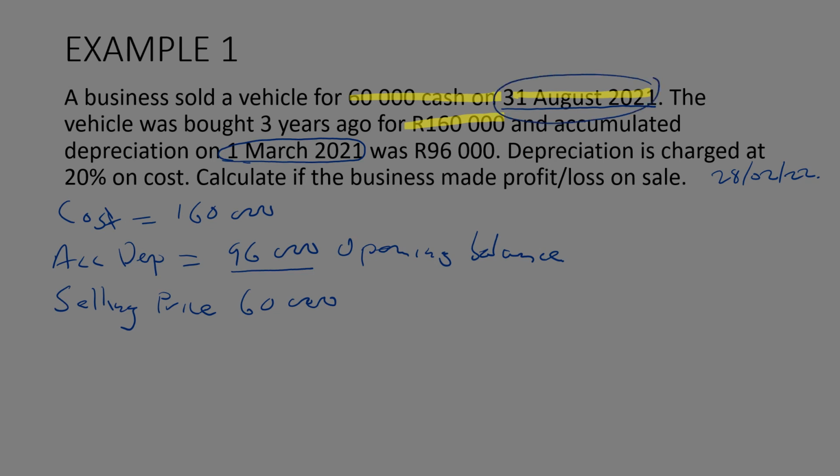So depreciation, because it was said to be calculated at 20% on cost, that's the straight line method. So simply we're going to say depreciation, that will be 160,000 on 31 August.